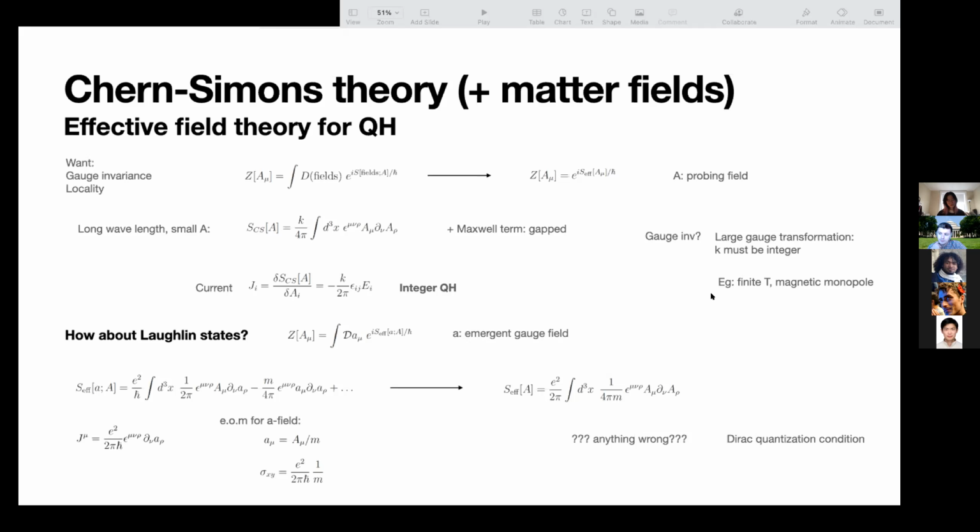Right. But here we're actually considering a quasi-particle in this system. By quasi-particle, I mean we can have M. If we inject an electron into the system, it will just split into M quasi-particles, and then they can move arbitrarily far from each other. Yeah.